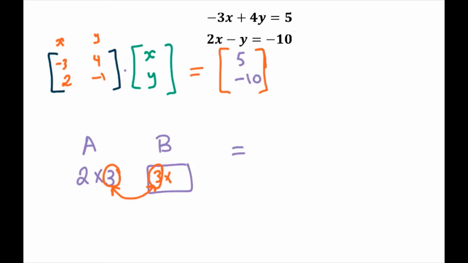So if A is a 2 by 3 matrix, then B should be 3 times anything. It could be 1, it could be 2, it could be 5. The result matrix will be a 2 by 5 matrix.